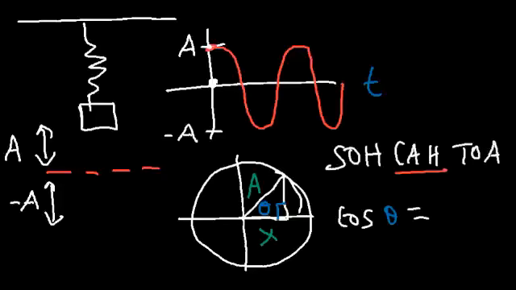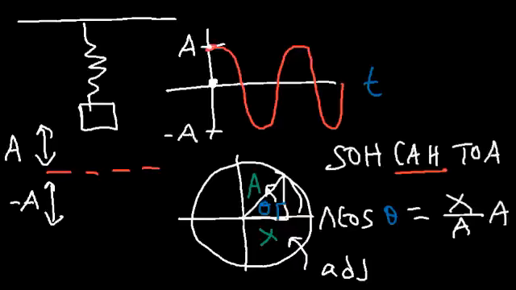That's the CAH part in SOHCAHTOA. The adjacent side is the side that's very close to the angle, so that's x. The hypotenuse is across the box, that's A. So cosine theta is x divided by A. If you multiply both sides by A, you get the value of x. So therefore x is equal to A cosine theta.